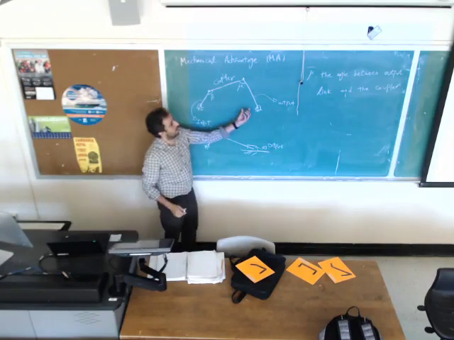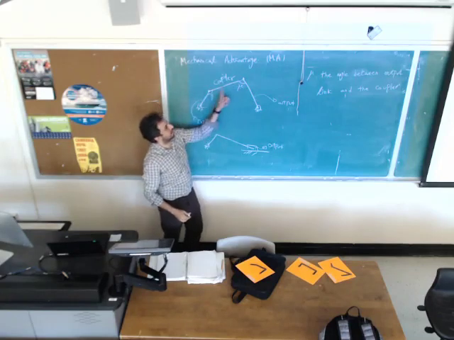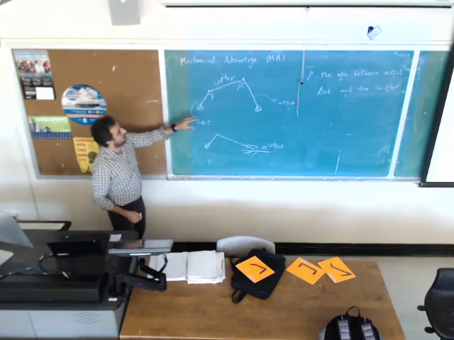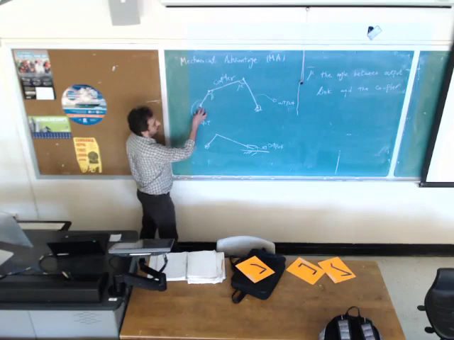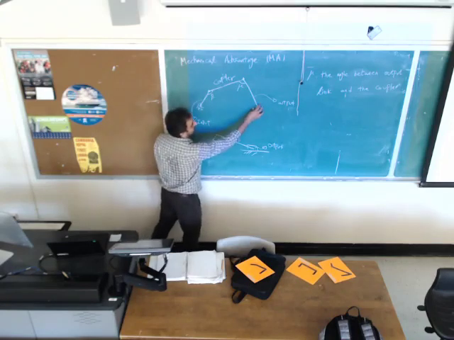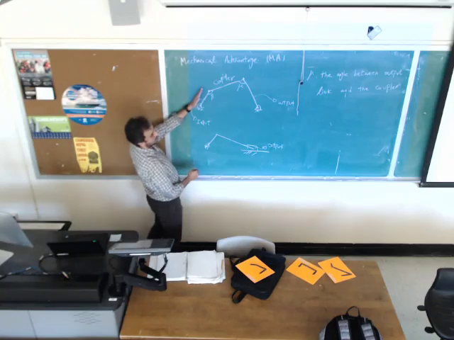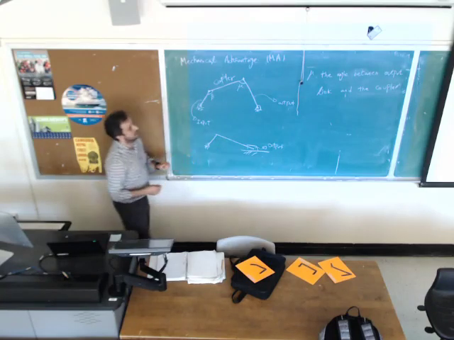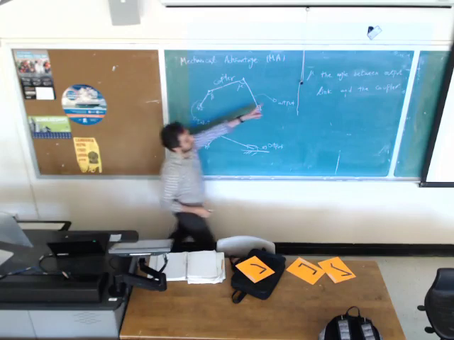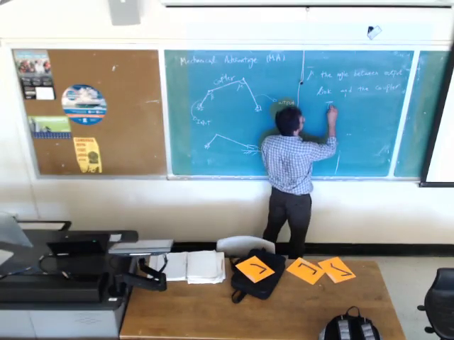So this is the output, this is the coupler, and this angle is called mu. If I change the input from this link to this one, then this angle is going to be mu, because now this one is going to be output and this one is going to be input. Mu is called the transmission angle.